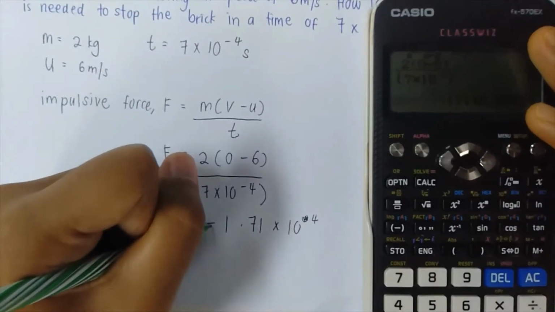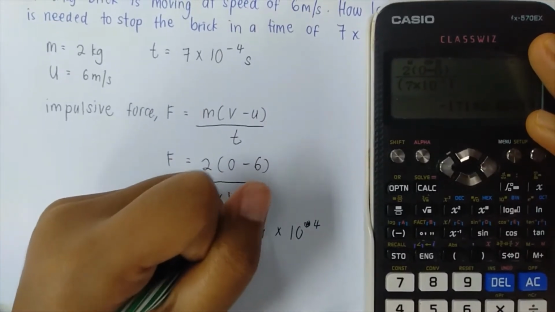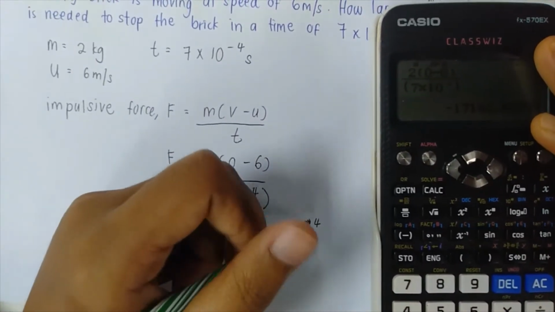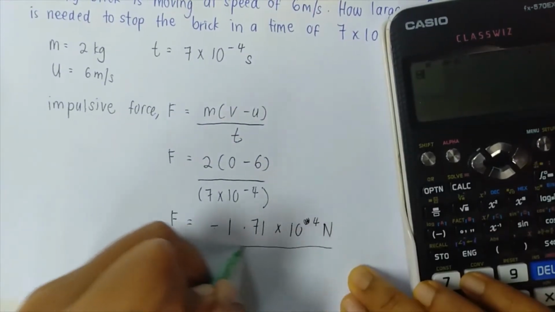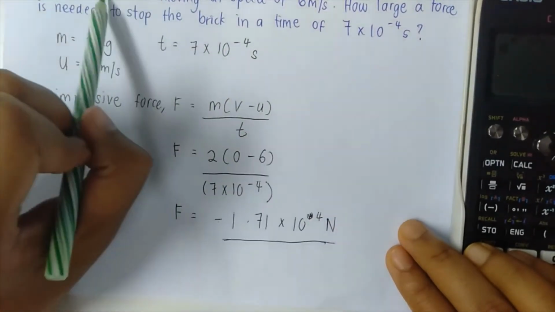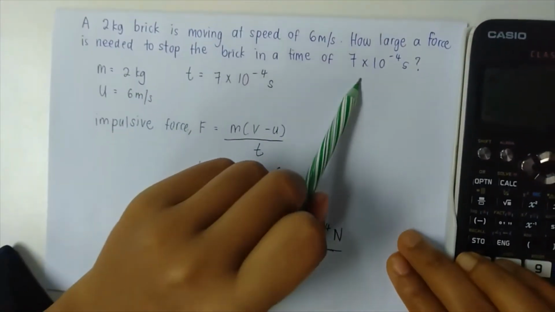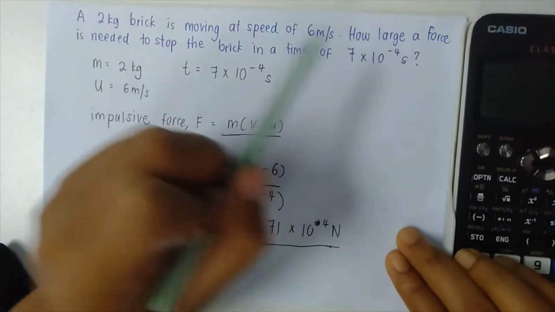So the answer is negative 1.71 times 10 power of 4 Newton. This is the force that needed for the brick to stop at the time of 7 times 10 power of negative 4 seconds.